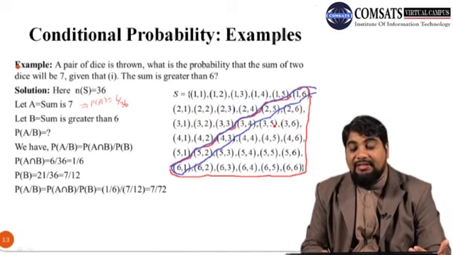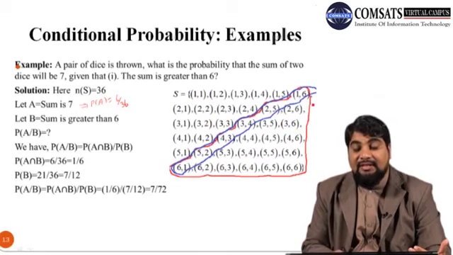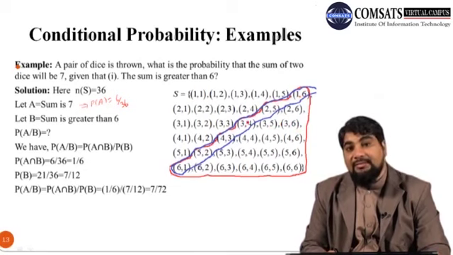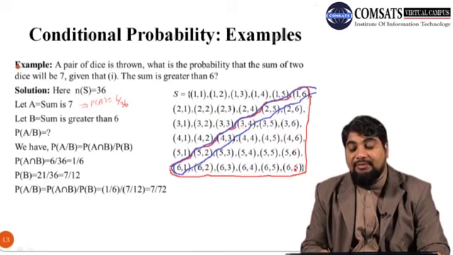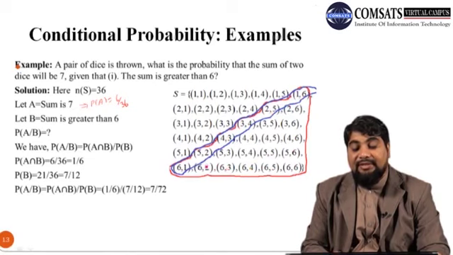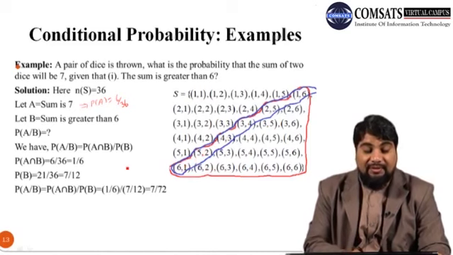Similarly 3 5 is 8, 3 6 is 9. So these are the points whose sum is greater than 6. So just count them: 1 2 3 4 5 6, 7 8 9 10 11 12 13 14 15, 16 17 18 19 20 21.